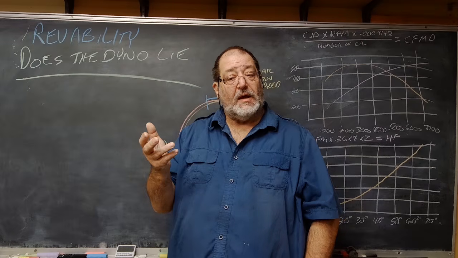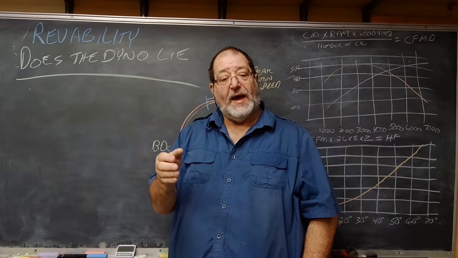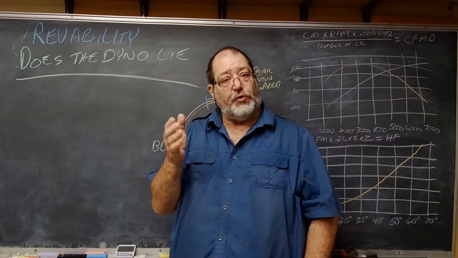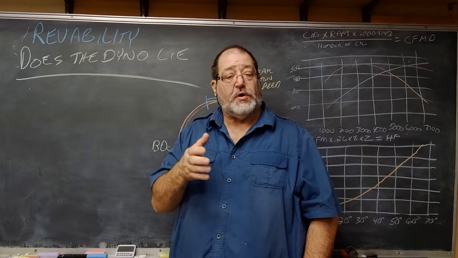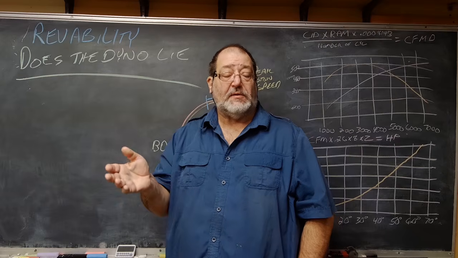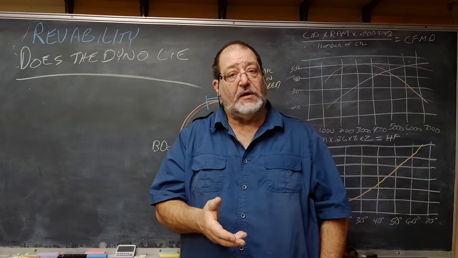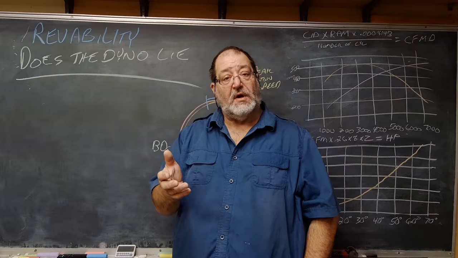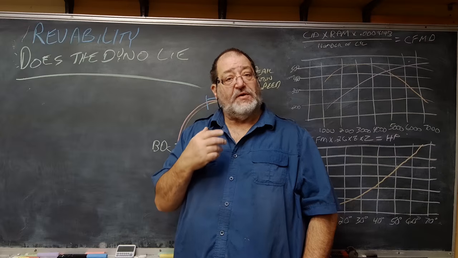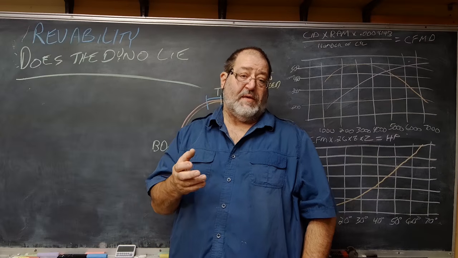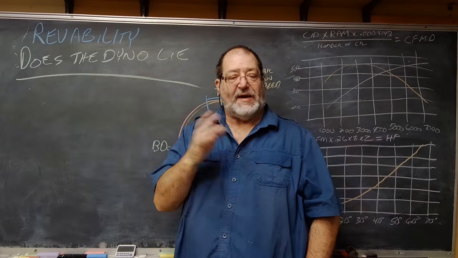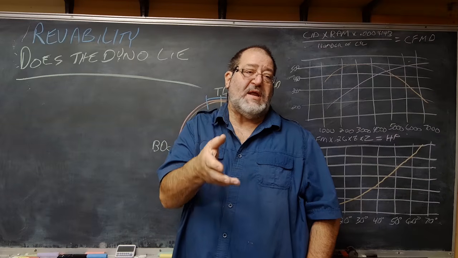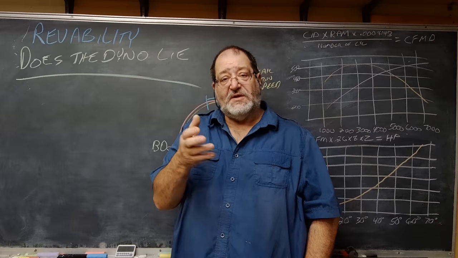But you control the rate, and the computer controls how much load the engine sees in order to keep it at that rate. Because of that, you don't actually get to see how the engine revs. So the dyno isn't really showing you this revability. Yeah, I know, it's a fake word, but you need to see that engines can be different.